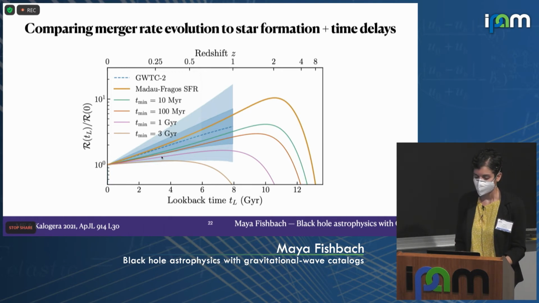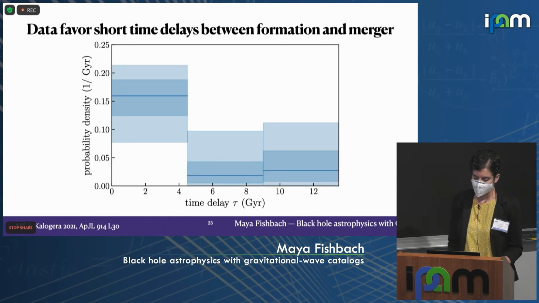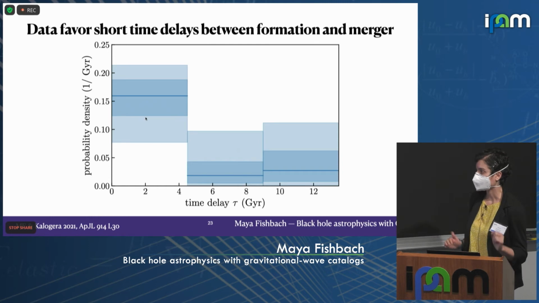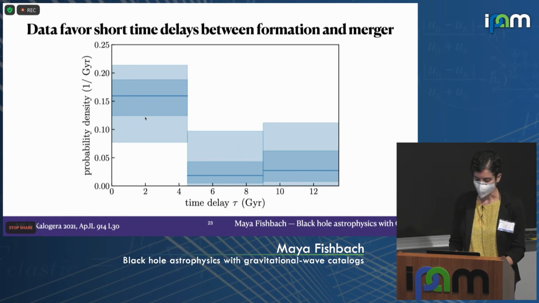So we're starting to rule out these very long delay times, again, assuming that the progenitors are following the star formation rate. And so here's one way of quantifying that by actually fitting a delay time distribution to the data directly. So this is a fit to that delay time distribution, just assuming a piecewise constant function.